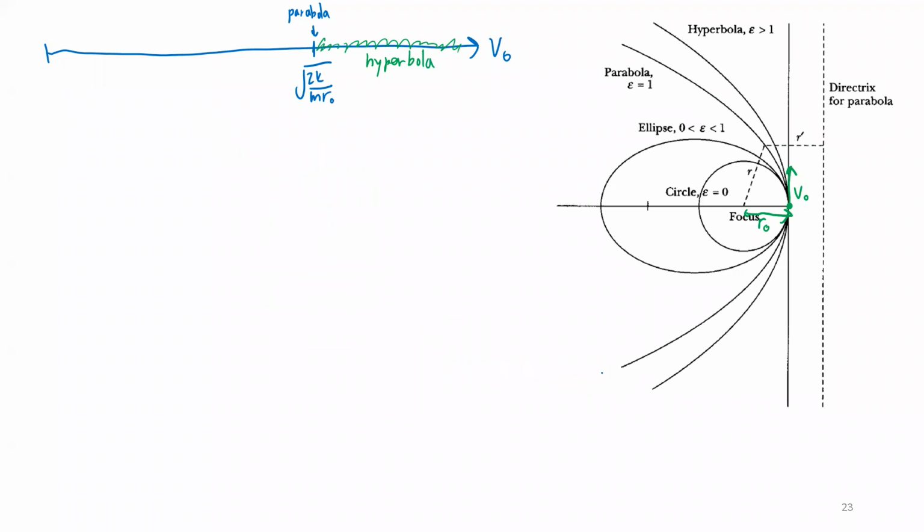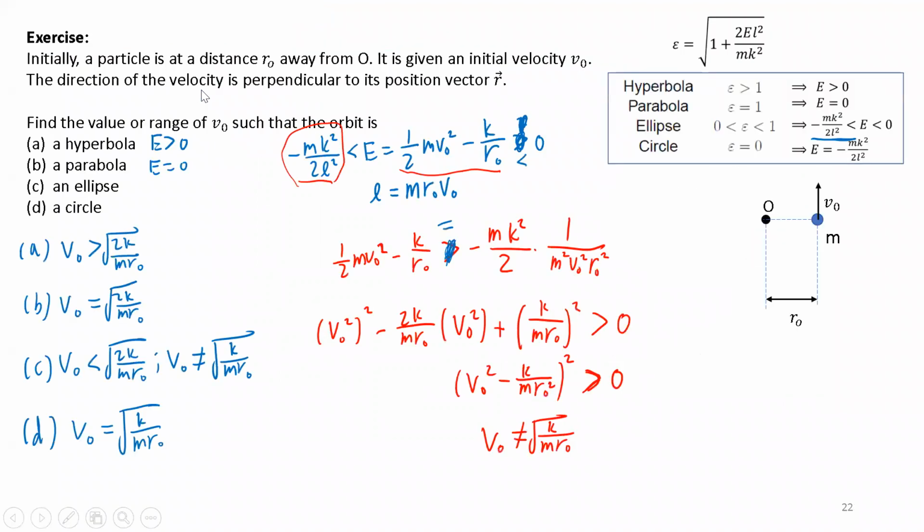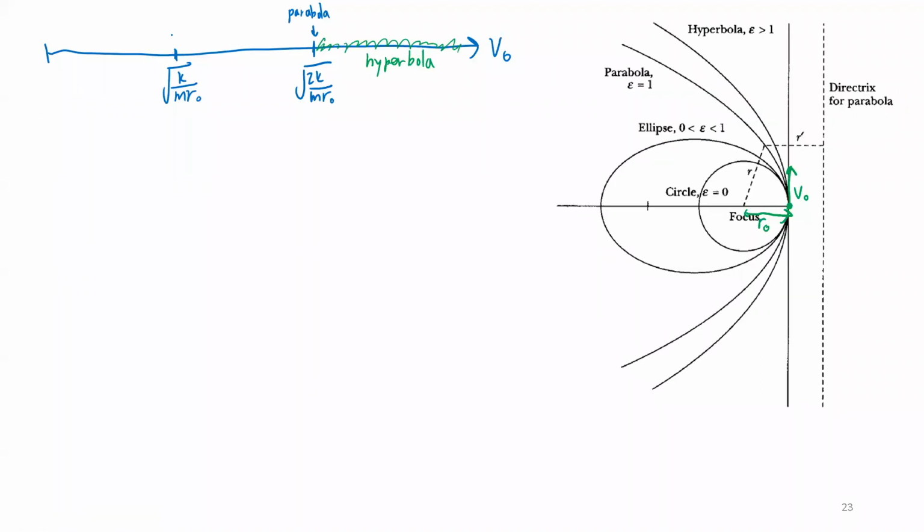And the other value I want to draw over here is this k divided by m r naught, which is this one. Exactly at this value, we get a circle.